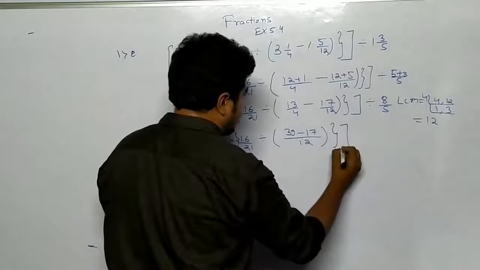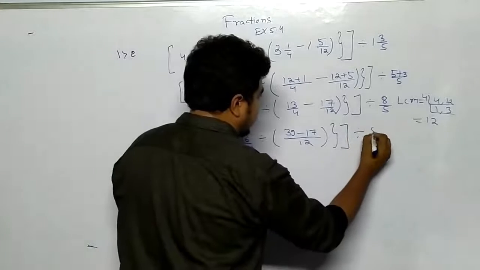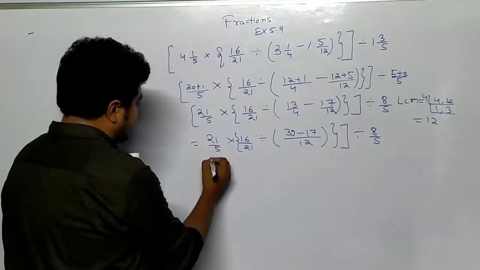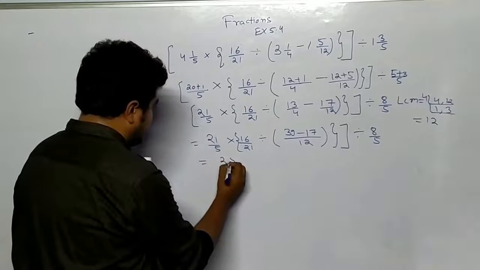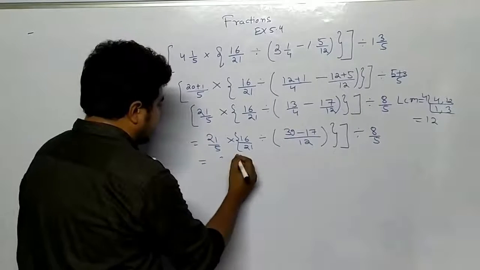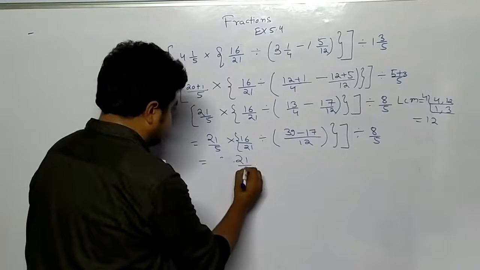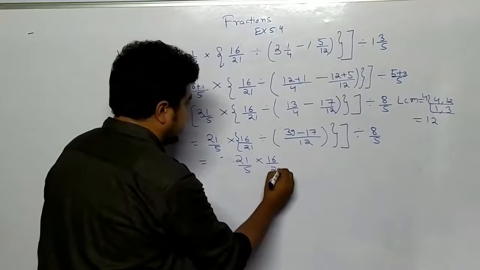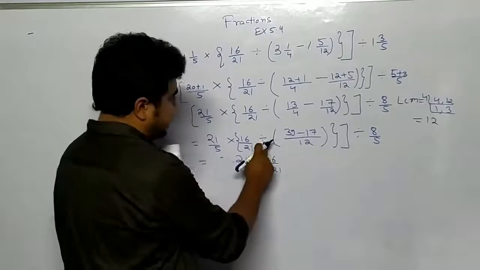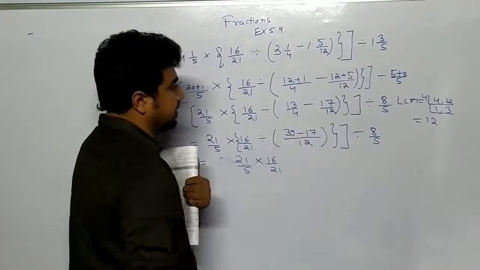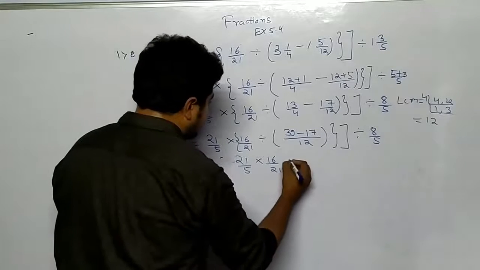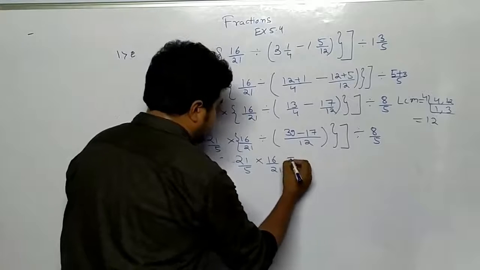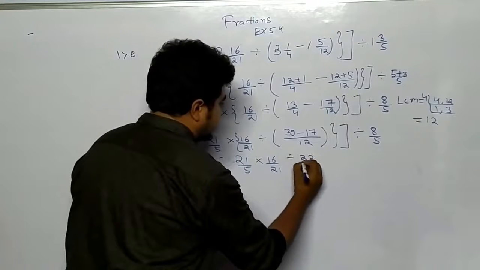Use here curly braces, then 8 by 5. See, now you can write like this, 21 by 5 into 16 by 21, and after evaluating this, 39 minus 17. 39 minus 17 is 22. 22 by 12.